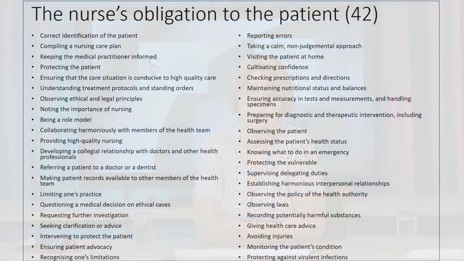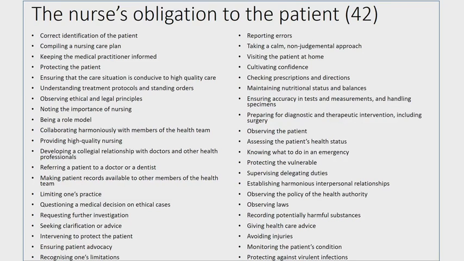There are 42 statements, and you can actually pick out the interdependent, the dependent, and the independent functions from here. For instance, keeping the medical practitioner informed would be your interdependent function.